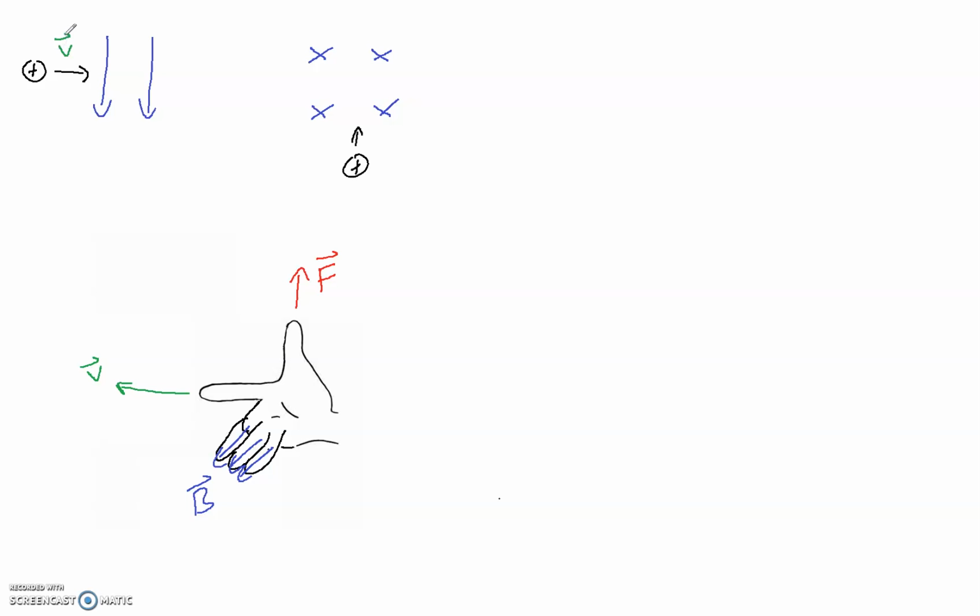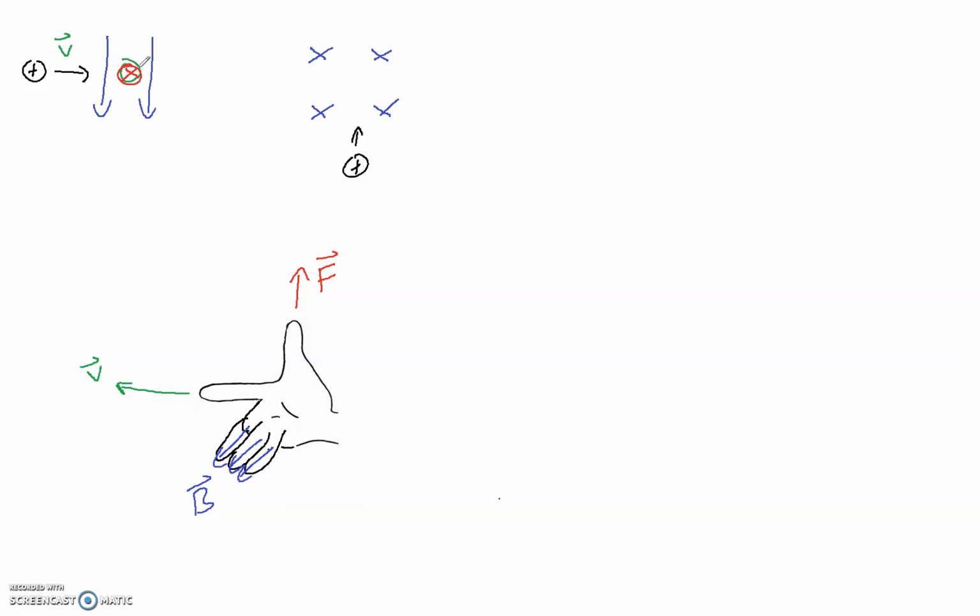And if your gun is pointing to the right, your field is going down, so your 3 fingers that are stretched out should be pointing down, because that's the way the magnetic field is. And if I do that, my thumb is pointing directly at the screen, and that is the direction that the force would be. My force would be going into my screen, or away from me.